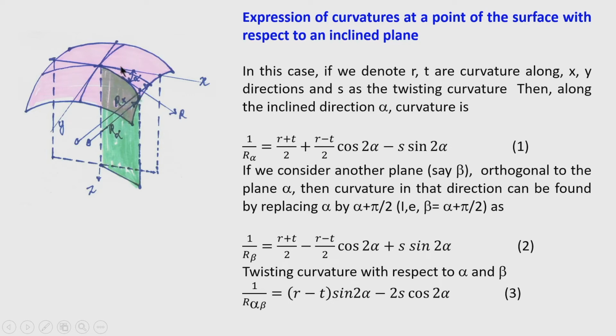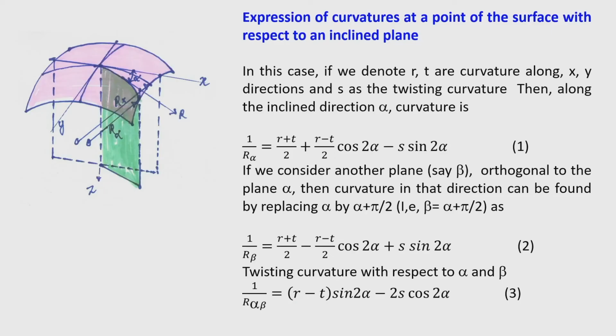If this direction is denoted by the n direction, we know the operator del by del n in terms of the cosine and sine of the angle, with respect to the differential operators in the x and y coordinates. When we know this operator, it is used to differentiate the slope del z by del x or del z by del y, but actually we have to differentiate with respect to the new direction.